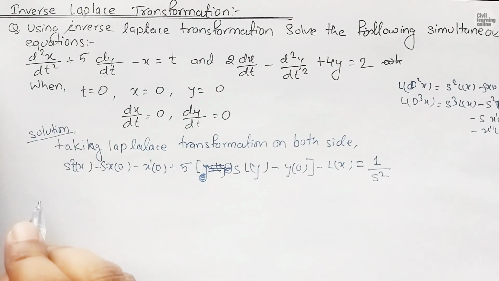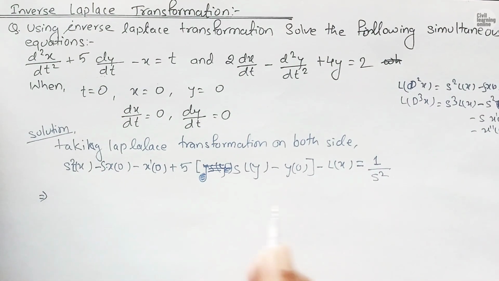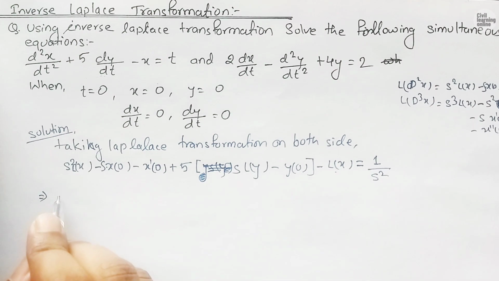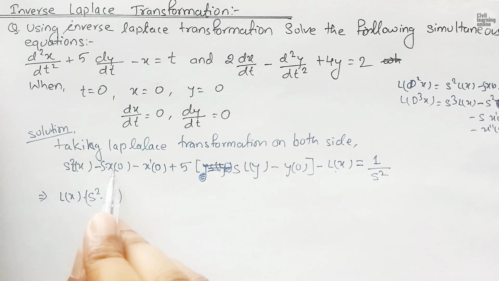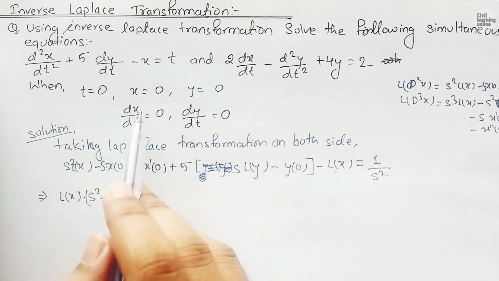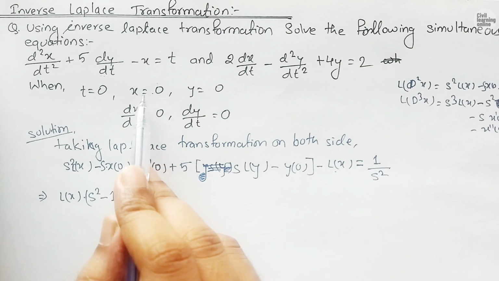Now we will write like terms at one place. We have Laplace transformation of x and Laplace transformation of x, so we will have Laplace transformation of x times s square minus 1, and minus s x0.